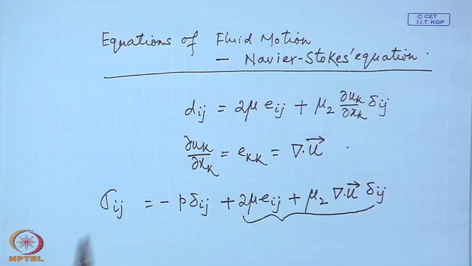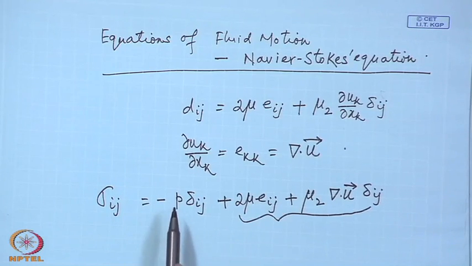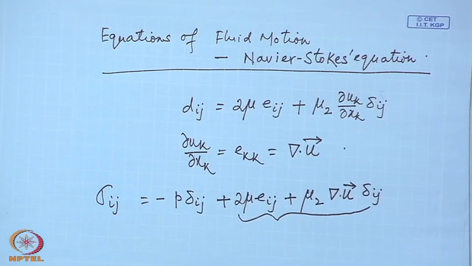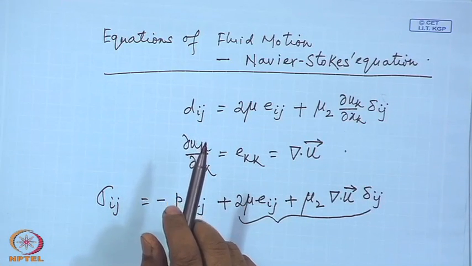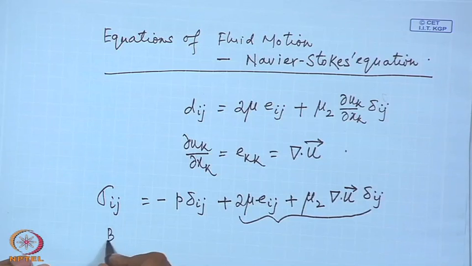So what remains, sigma 1 1, sigma 2 2 and sigma 3 3, is contained in this part d_ij. Since the average of the sum is minus p, what remains is sigma 1 1 minus p, sigma 2 2 minus p, sigma 3 3 minus p. When you sum them, that is 0. That means the sum of the diagonal elements of d_ij is 0. So, by definition, d_ii is 0.